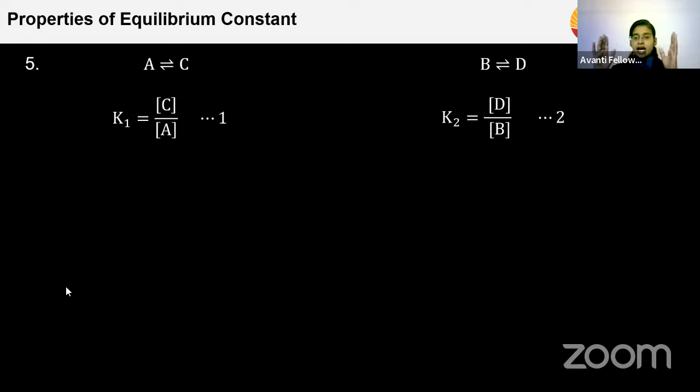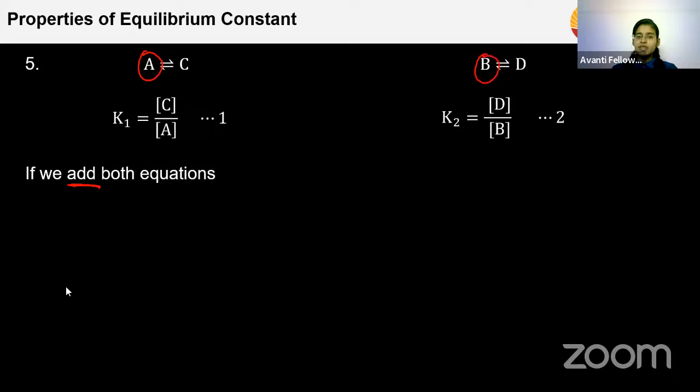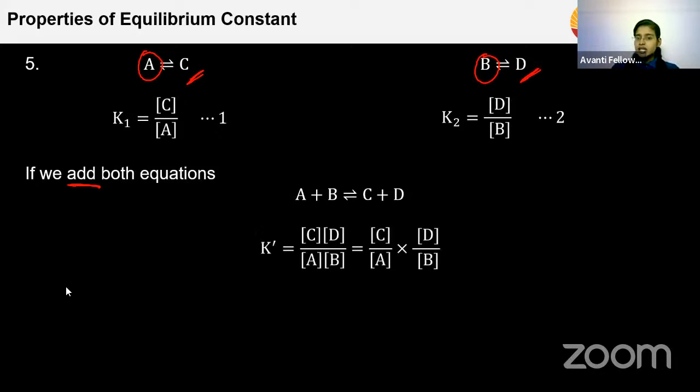Now, if I add these two equations, what will I get? On the reactant side, I have A and B. On the product side, I have C and D. So while adding, I will get A plus B, which is in equilibrium with C plus D, right? Now, what will be the equilibrium constant for this? K dash is equal to CD by AB. Okay.